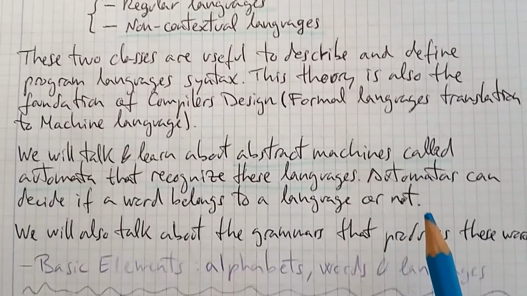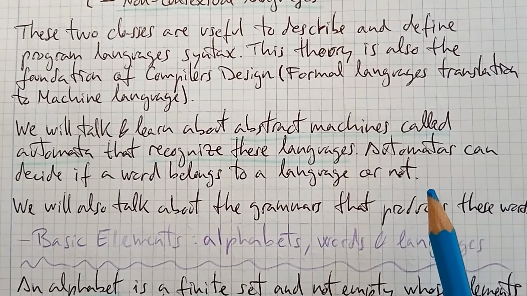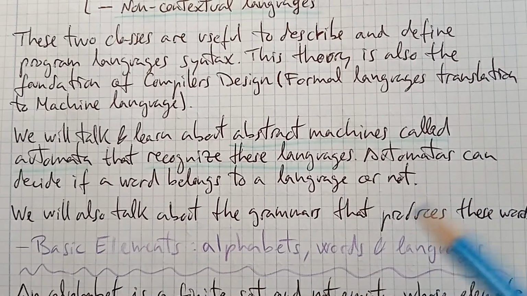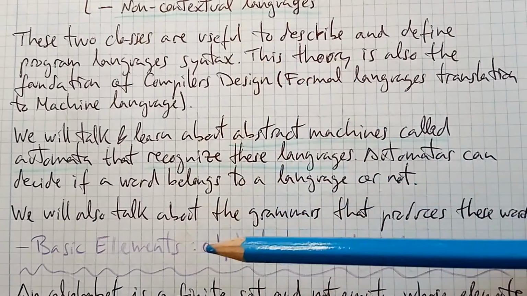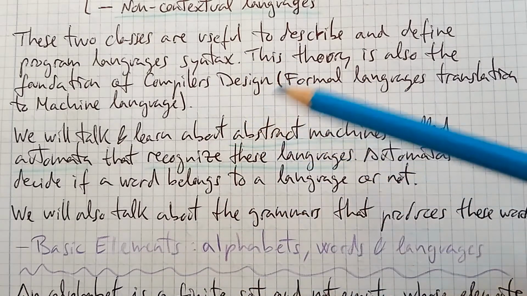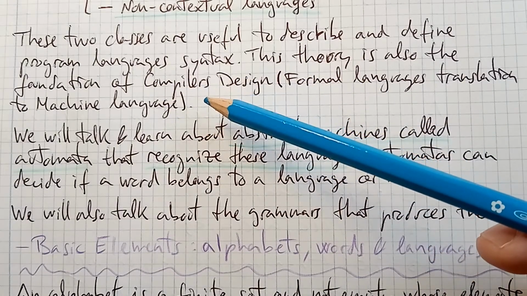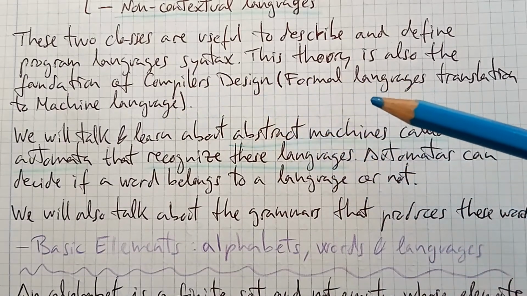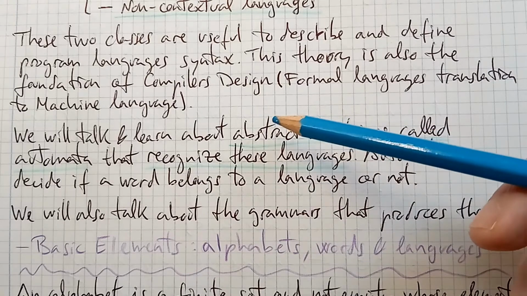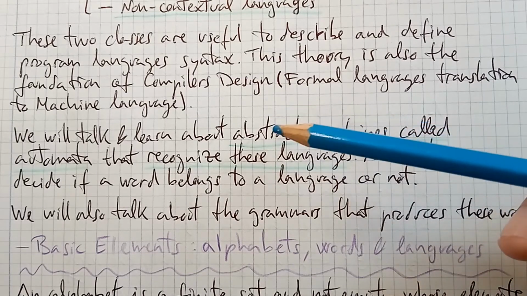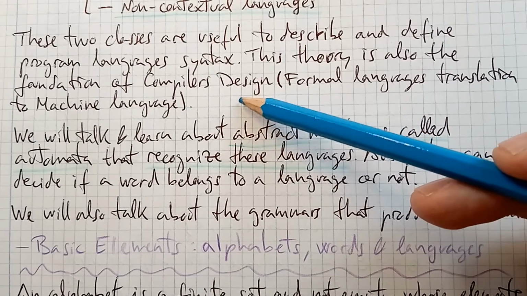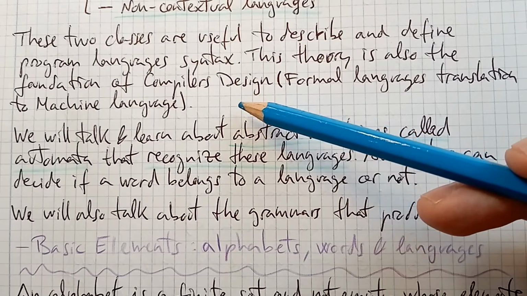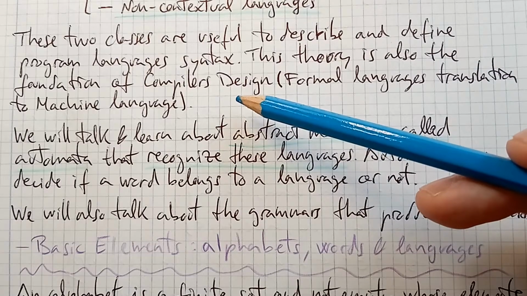These two classes are useful to describe and define programming language syntax, like Python syntax or Java syntax or C syntax. This theory is also the foundation of compilers design. There are languages which are interpreted or compiled. For example, Java or C are compiled and Python is interpreted.